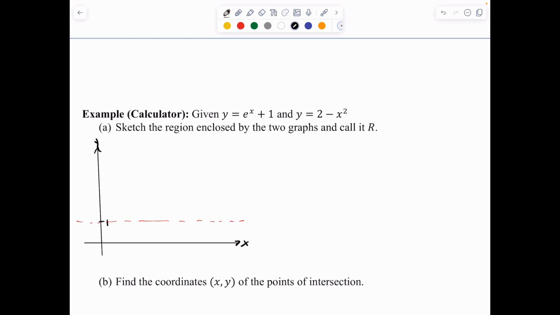And then that graph has been shifted up 1. So it passes through 0, 2. It looks kind of like that. And then y equals 2 minus x squared. That's x squared that has been vertically reflected and then shifted up 2.